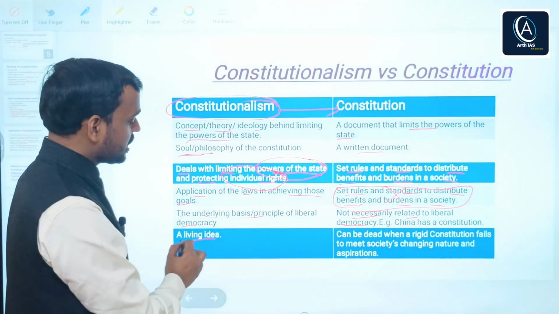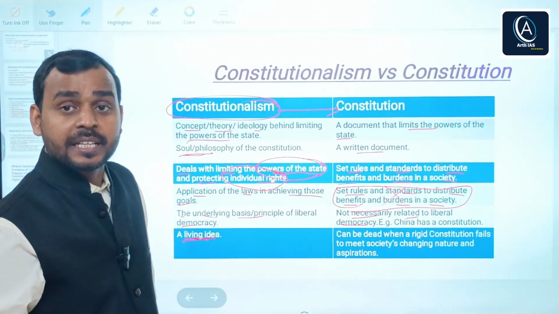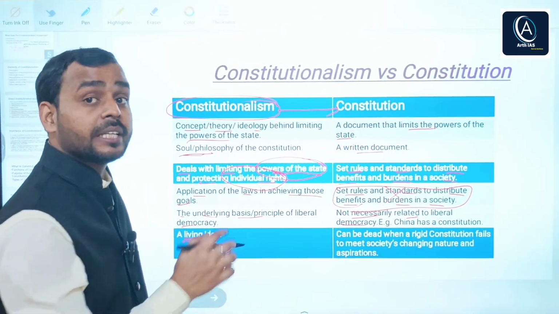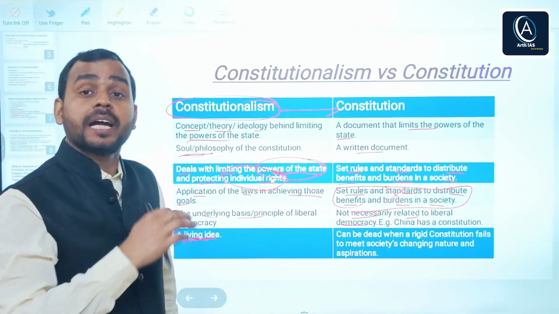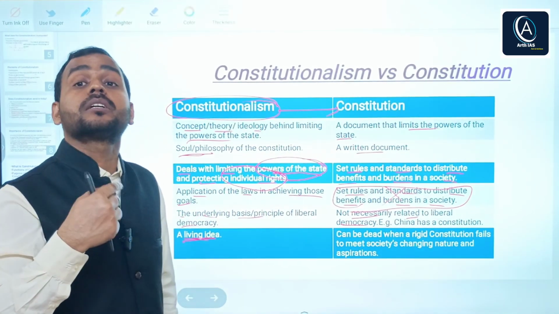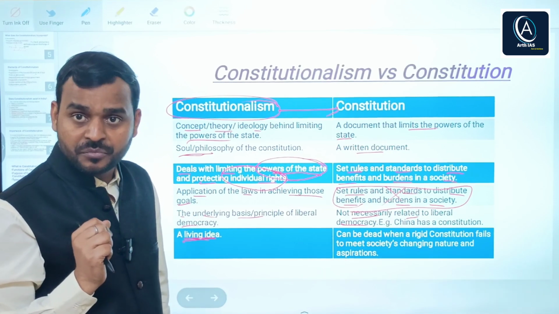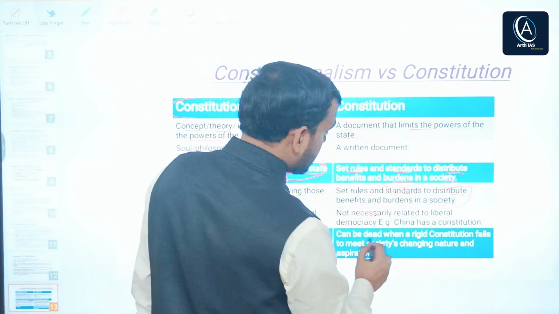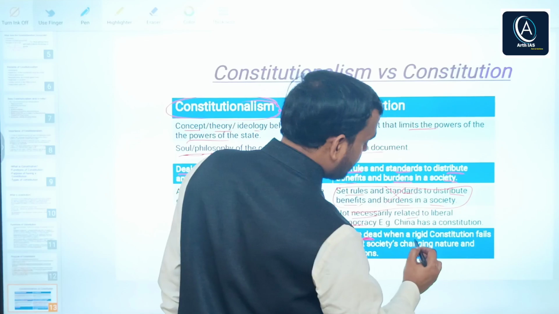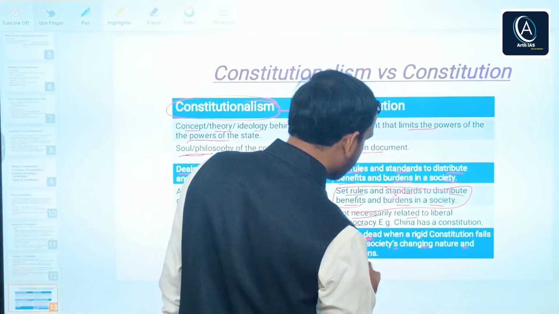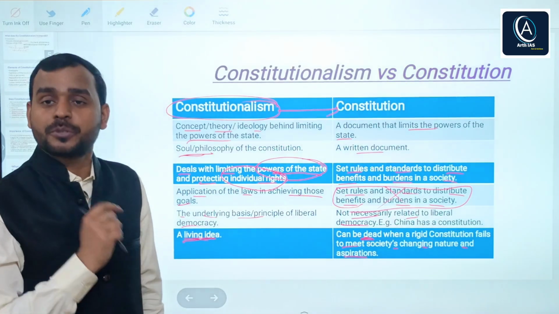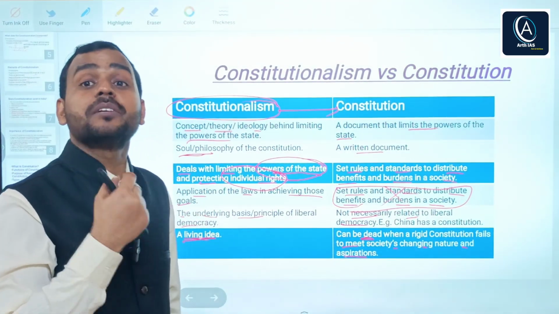Again, constitutionalism is a living idea. Living idea means it provides the base to the constitution, and also it evolves over a certain period of time. A constitution can be dead when a rigid constitution fails to meet society's changing nature and aspirations. I told you the Indian constitution is considered an organic or living document.